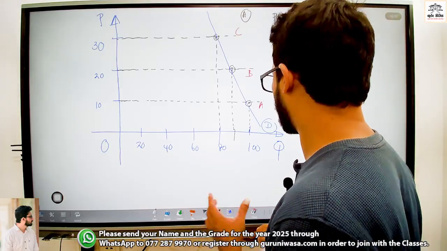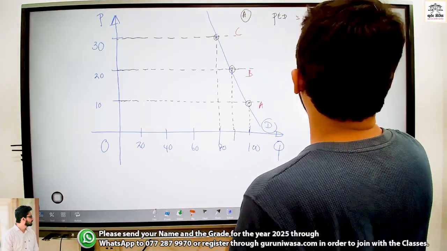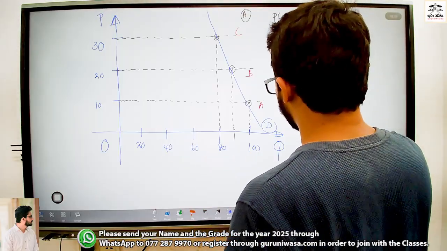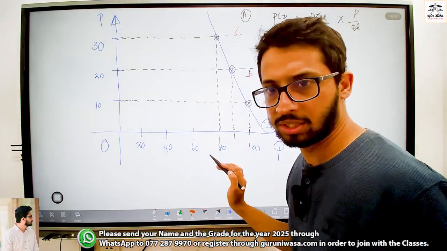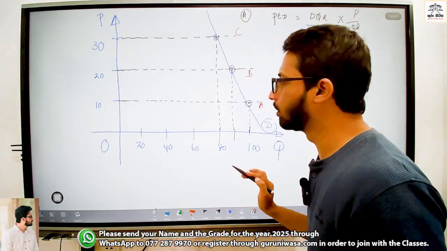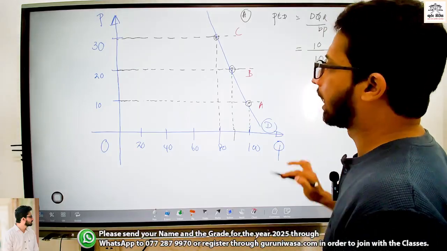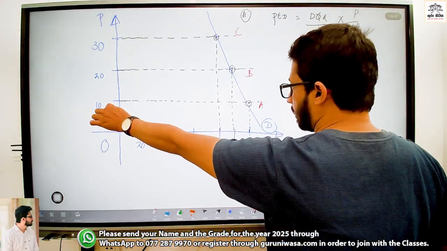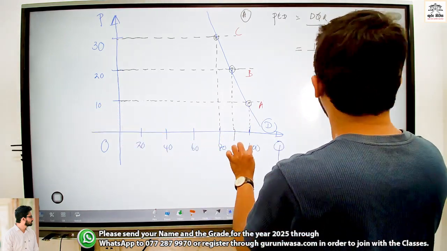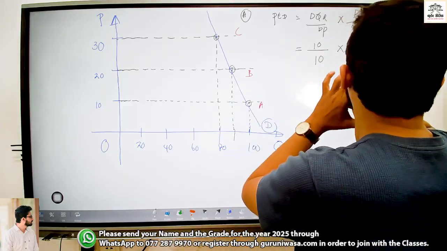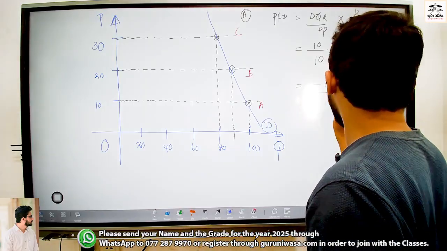Change in quantity demanded is 10, right? Change in price is also 10. Into price over quantity at point A, price 10 and demand 100 units. How much is the value? Minus 0.1.